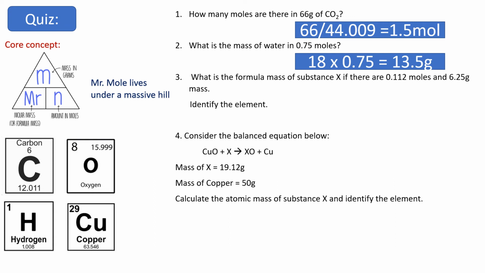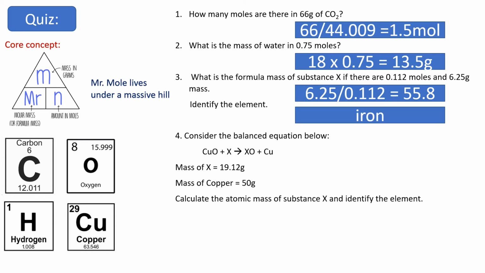Right, so formula mass is Mr. Do I have a mass? Yes, 6.25. Do I have an amount in moles? Yes, 0.112. So I'm going to do that calculation to get 55.8. And if I look on my periodic table, I would identify that as iron.